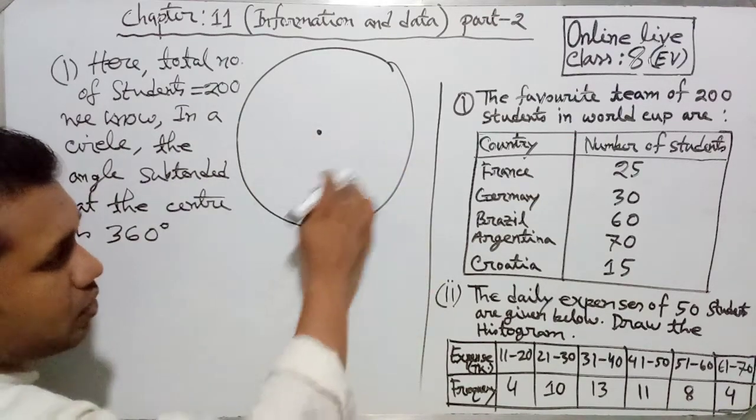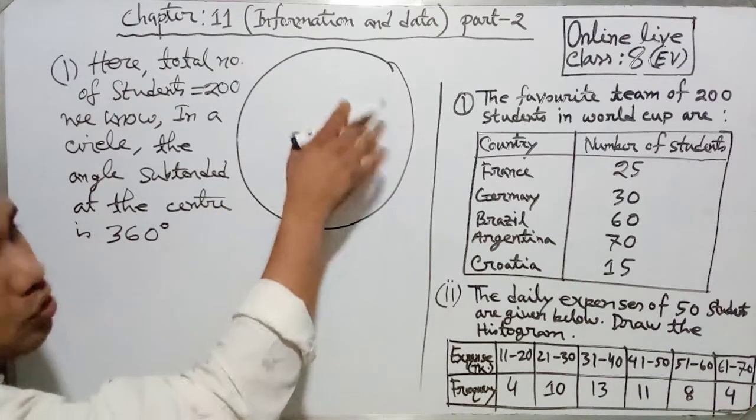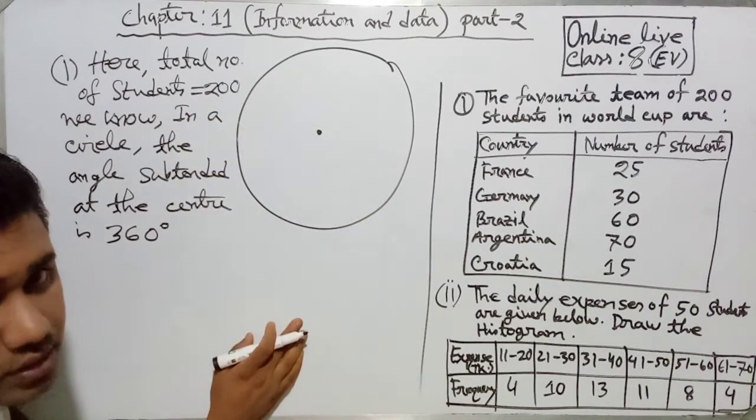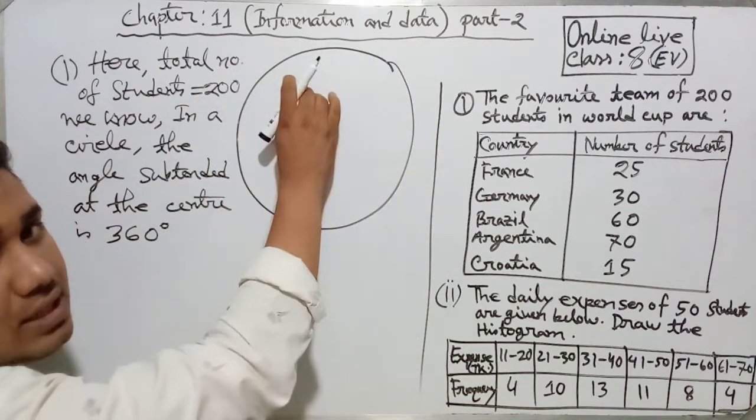That means the whole circle is 360 degrees, and in the 360 degrees we have to cover 200 students.